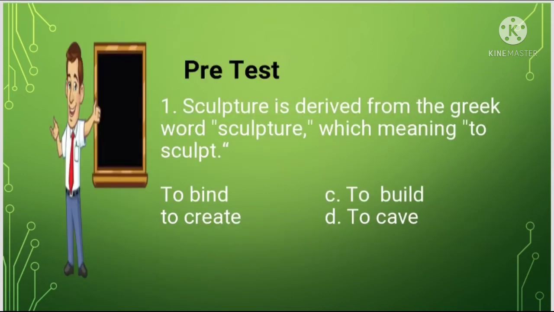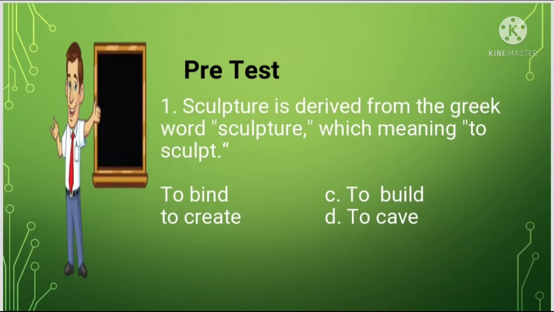Okay, pretest. Prepare again your paper to answer this one. Number one, sculpture is derived from the Greek word sculptor, which means to sculpt. A, to bind. B, to create. C, to build.